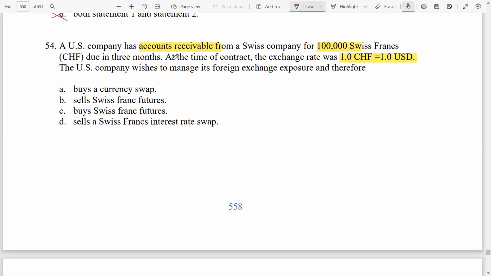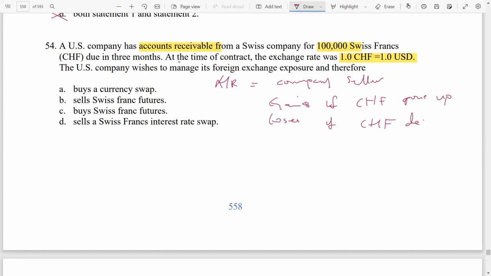Once I see the account receivable, it tells me that the company is a seller. What does a seller do in this case? A seller will gain if the CHF goes up, but loses if the CHF depreciates.